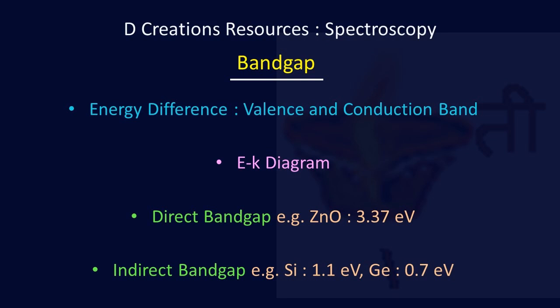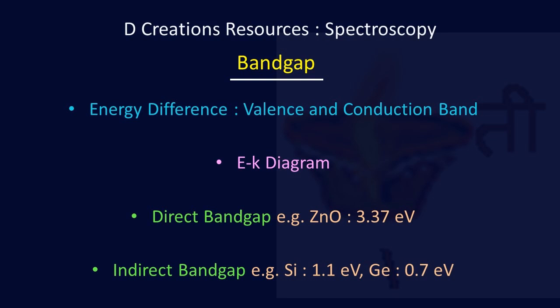Now there are two types of band gaps, namely direct band gap and indirect band gap. They essentially refer to the nature of electron transitions between the valence and conduction bands. Direct band gap refers to the situation where the minimum energy of the conduction band and the maximum energy of the valence band occur at the same k vector in momentum space.